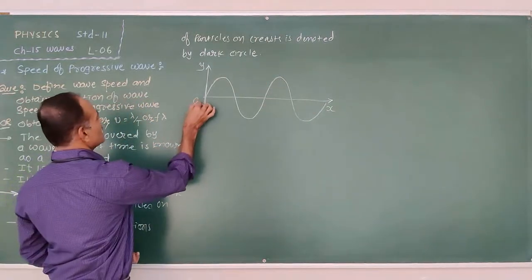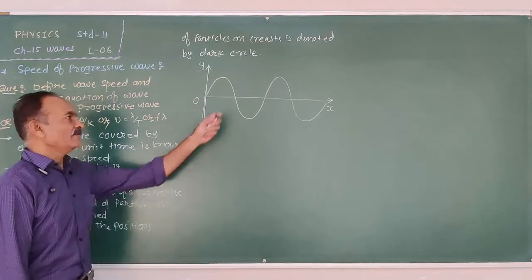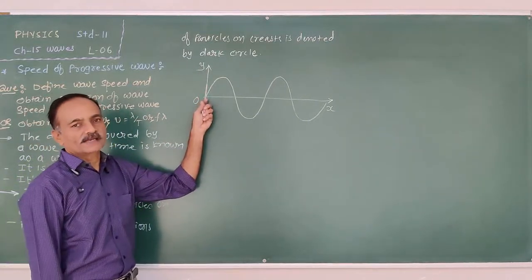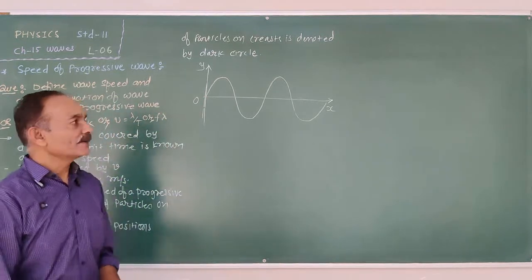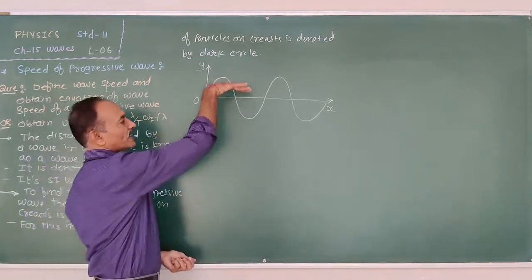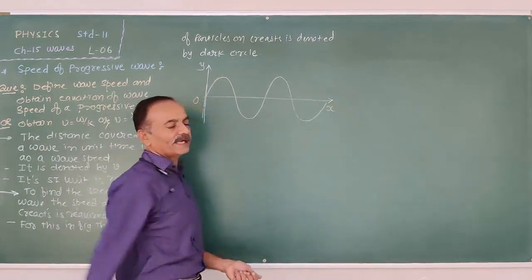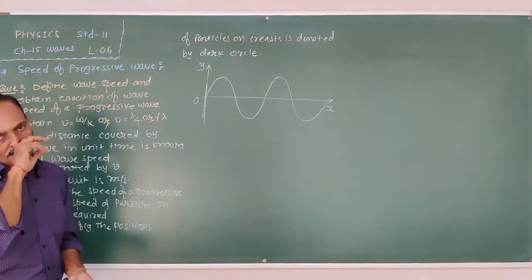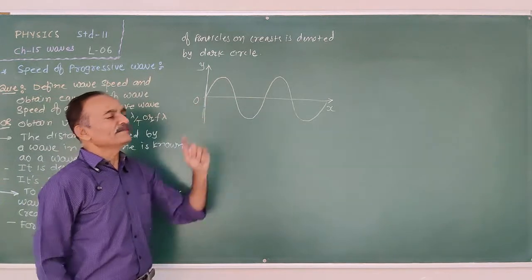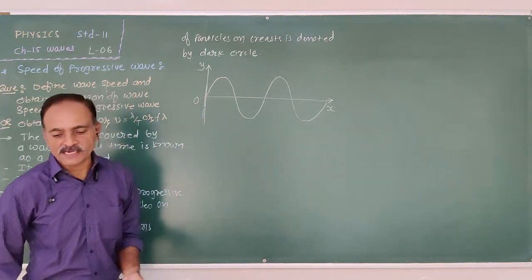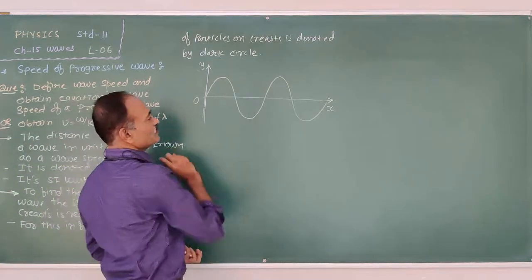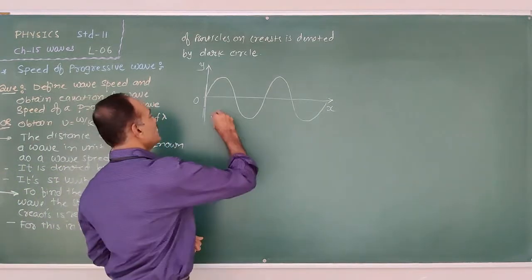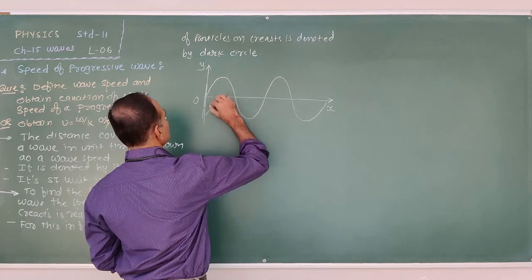Point O is the origin of the wave, where the disturbance is produced. The effect of this disturbance propagates along the x direction. Therefore, the different particles of the medium oscillate about their mean position. That is the situation at time t. After delta t time, the situation is like this.